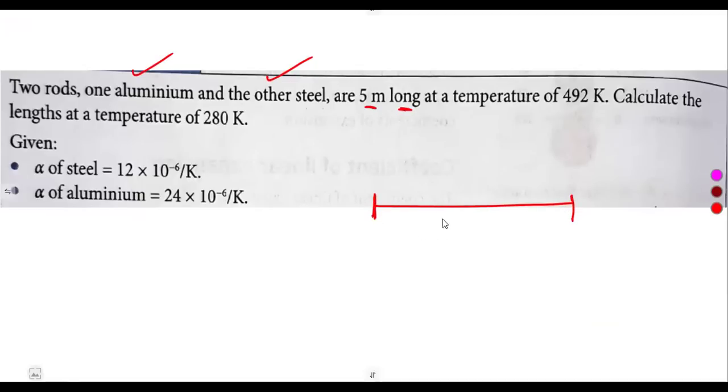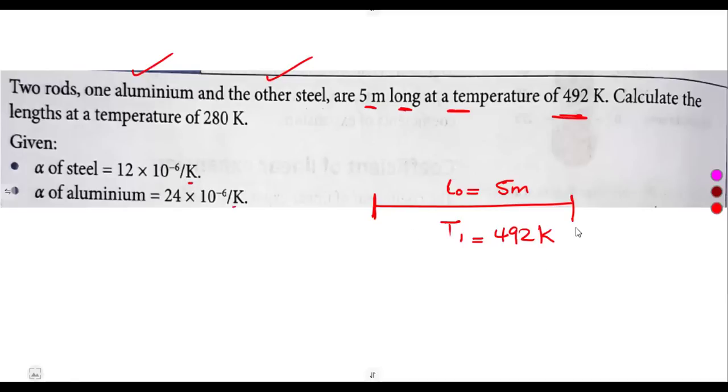The aluminum and the steel have the same length, originally being 5 meters. The original length occurs at the original temperature or the initial temperature. So we are given 492 Kelvin. Don't worry about conversion, guys. Remember here it's given per Kelvin. So you can use your temperature as Kelvin.